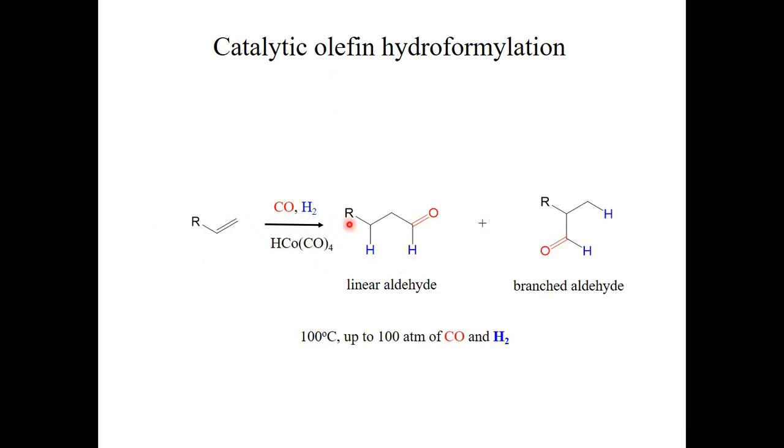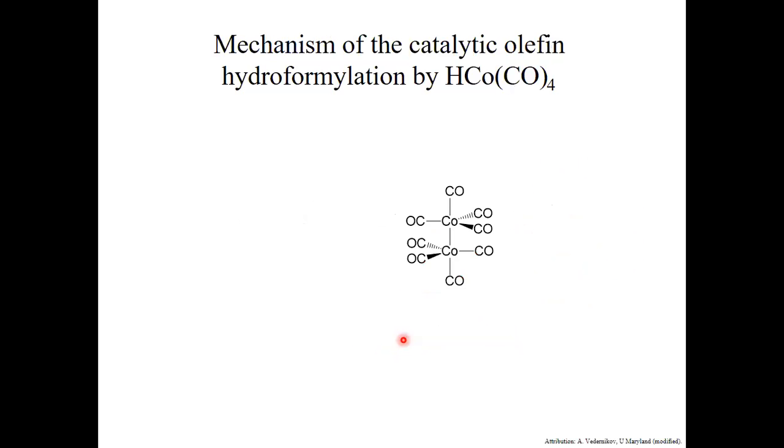And these aldehydes can either be linear aldehydes or branched aldehydes that are obtained in a particular ratio, depending on the reaction conditions. So this reaction requires a high partial pressure of carbon monoxide and hydrogen of about 100 atmospheres.